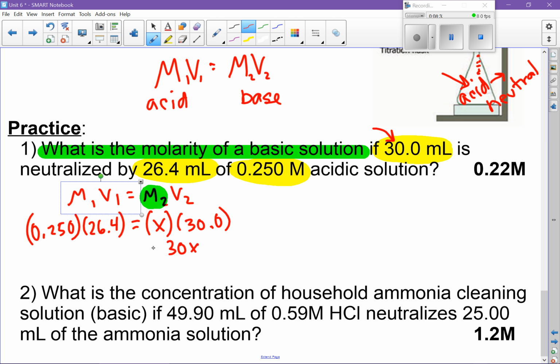So then I just have to solve and plug this in your calculator. And I get over here 6.6, solve for X. So you put that into your calculator.